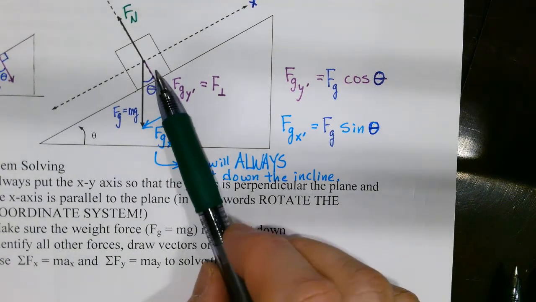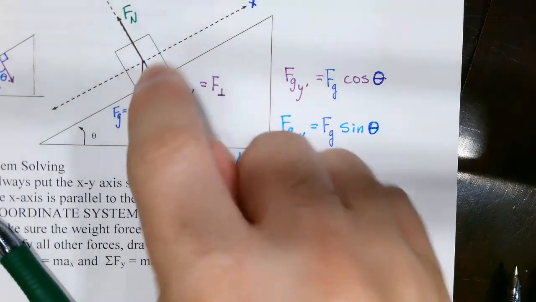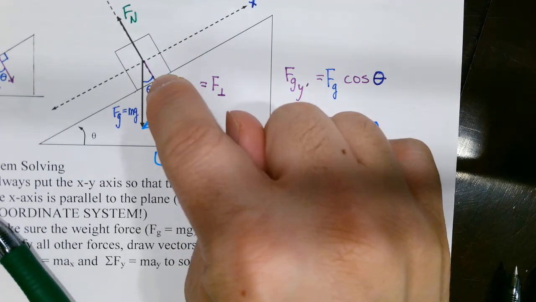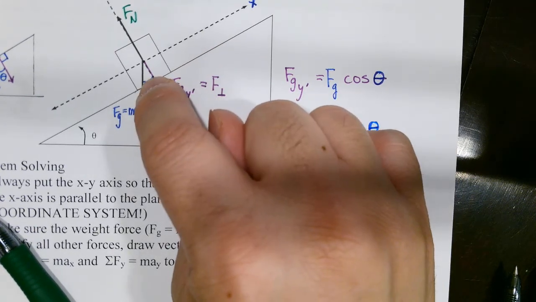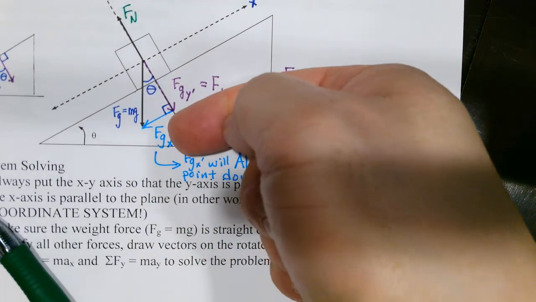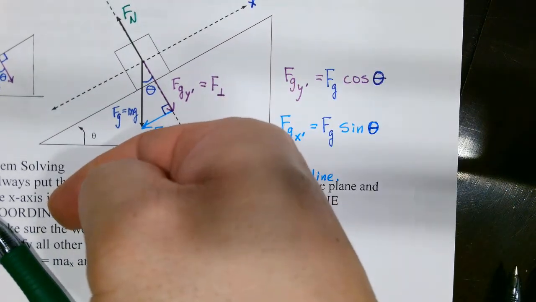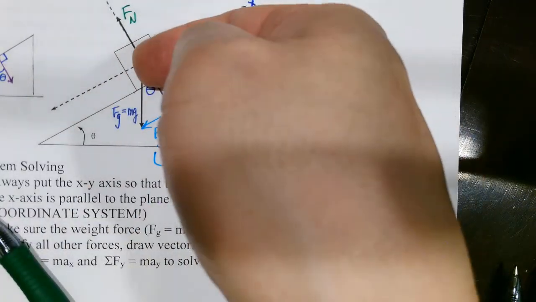If I had friction acting on this, and I release this thing, my friction will act up the incline because it will always go opposite of motion, right? So if the friction is acting this way and my FG is acting that way, hopefully my FG is bigger than my F friction in order for this to slide down.